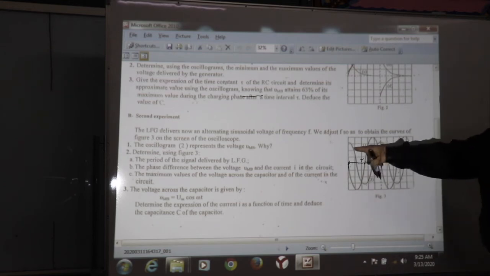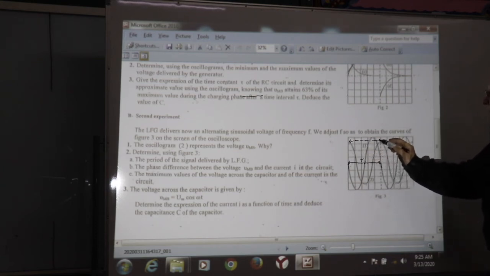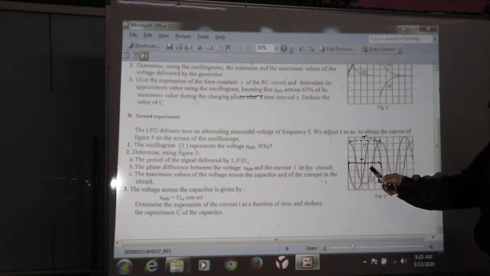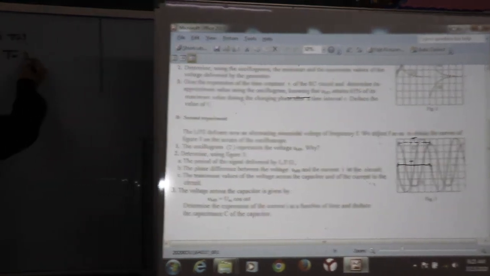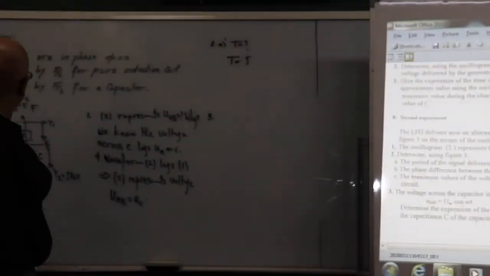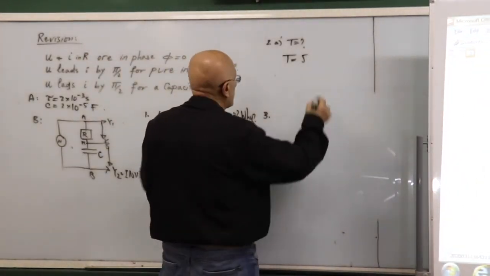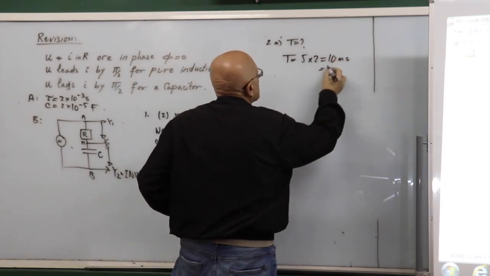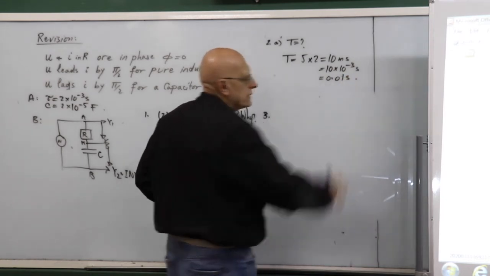Or, if you like, you can take this maximum and the consecutive maximum. Also, this is a period. So if I count here 1, 2, 3, 4, 5, the period represents 5 divisions. To change it to time, I should multiply by the sweep, which is 2 milliseconds. So you get 10 milliseconds, 10 times 10 power minus 3 second, which is 0.01 second.